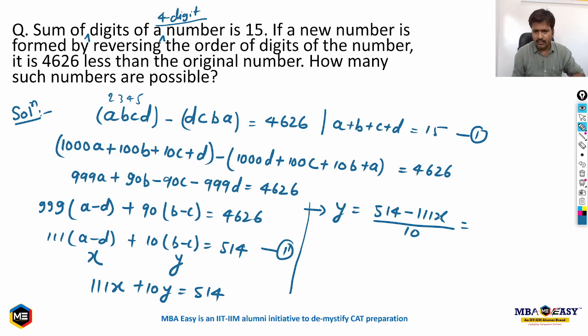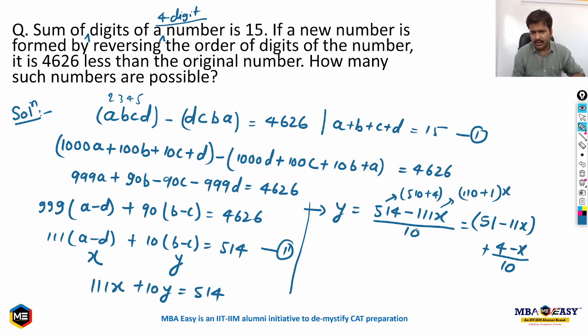Okay. Now, 514 we can write as 510 plus 4, and 111x as 110x plus x. So we have written this 514 as 510 plus 4 and this as (110 plus 1) times x.